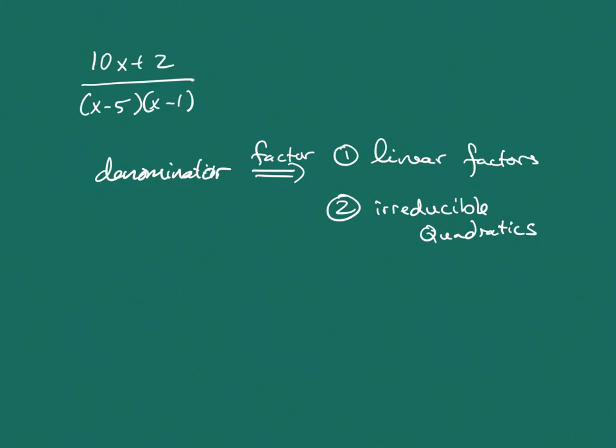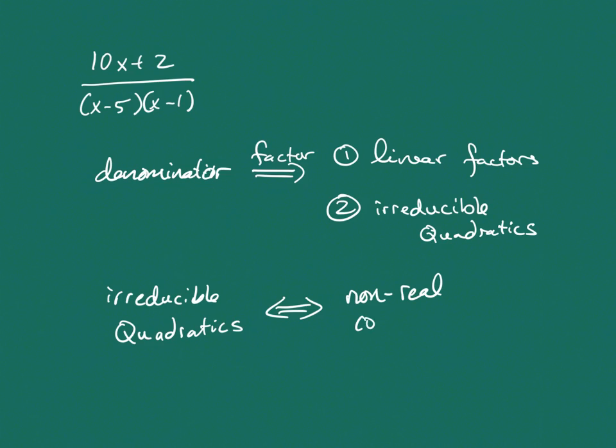Now, when we say irreducible quadratics, we can't factor those things in a nice way. Irreducible quadratics mean that we have non-real complex roots. So when we have these non-real complex roots, we can't factor them with real numbers, so we can't turn them into linear terms.